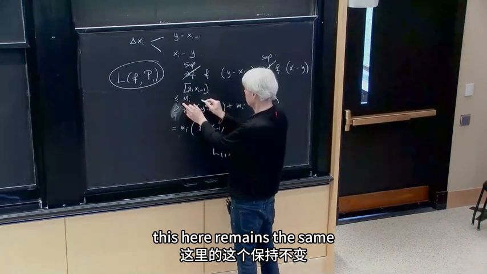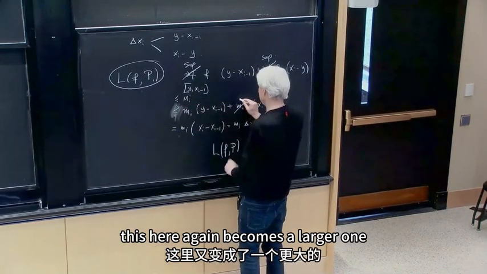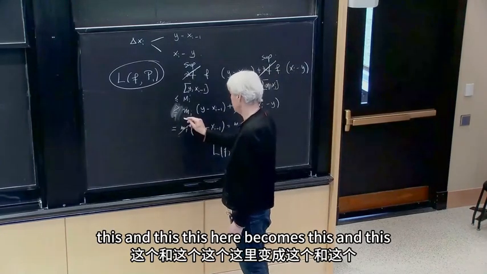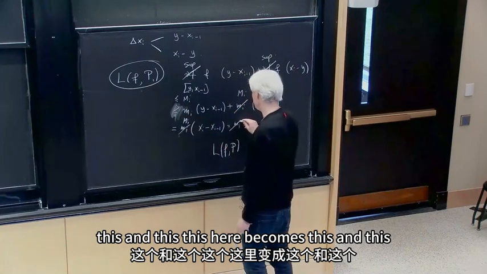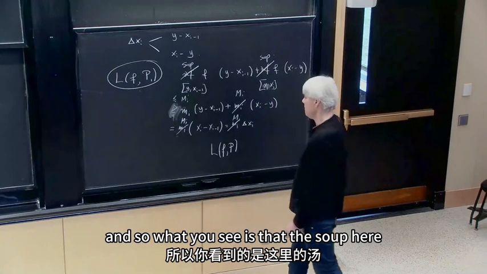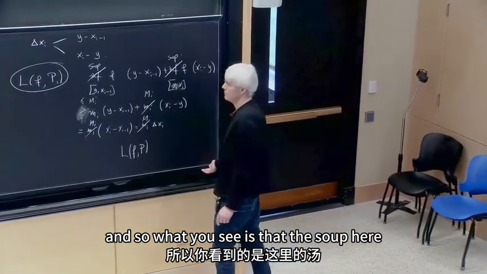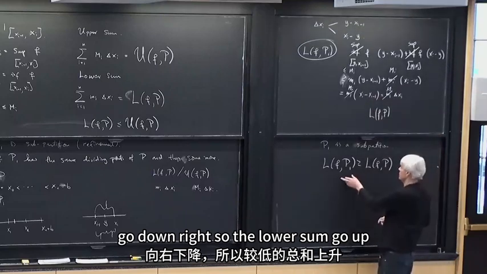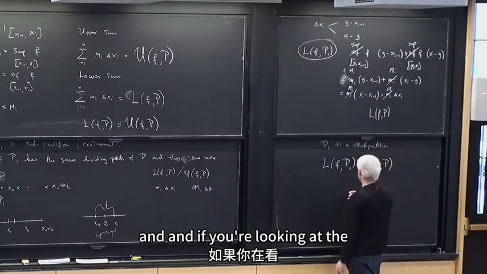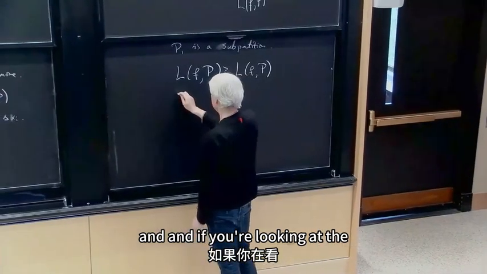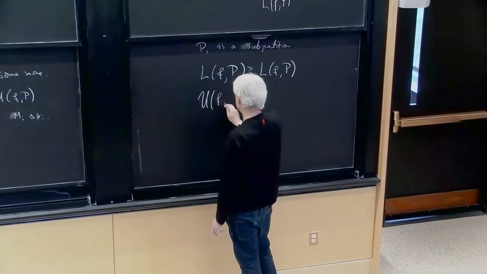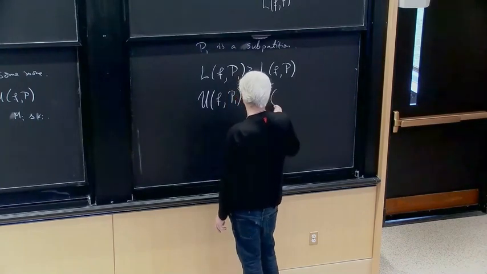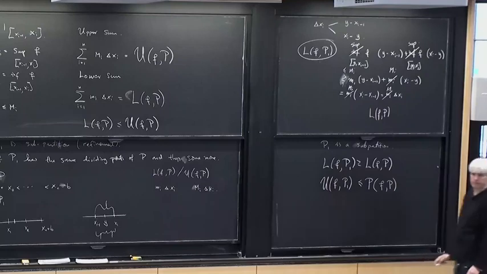This here remains the same, this here again becomes a larger one, so this becomes less than this. And so what you see is that the sup goes down. So the lower sum goes up, and if you're looking at the upper sum, this decreases.